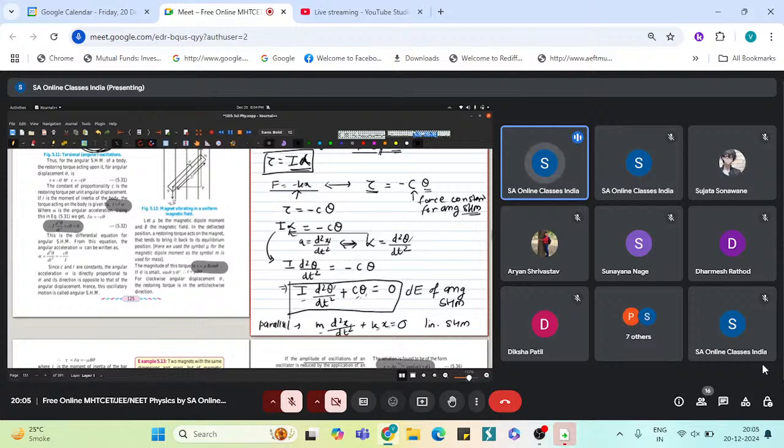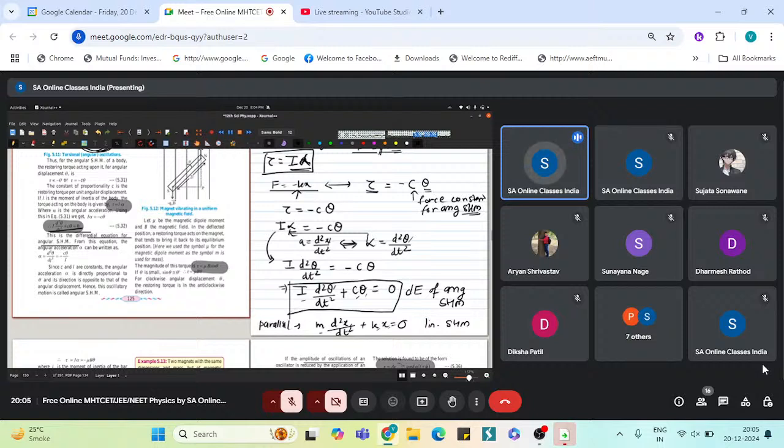It's the exact same form of the equation. It's just that now we have replaced the linear components of motion by angular components of motion. To explain it this way is easier to understand. And so this is the equation that is given in the book. So this is the differential equation of angular SHM.